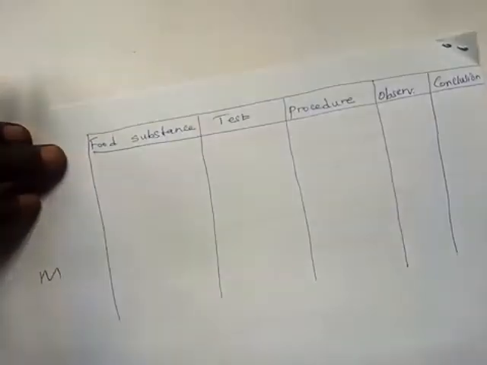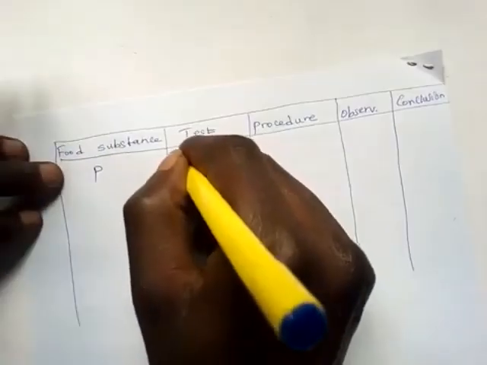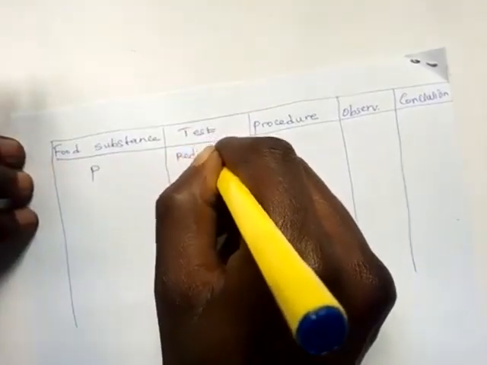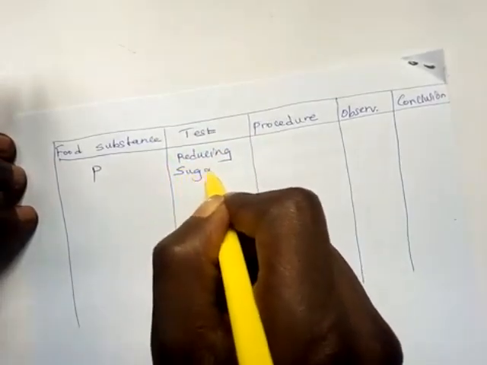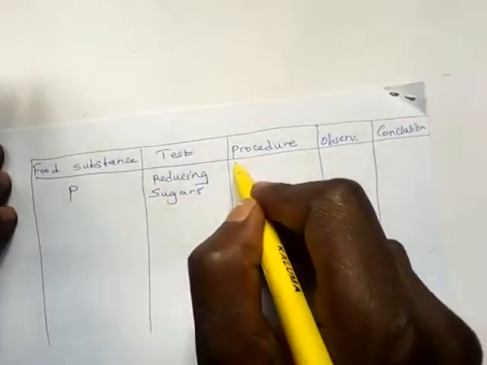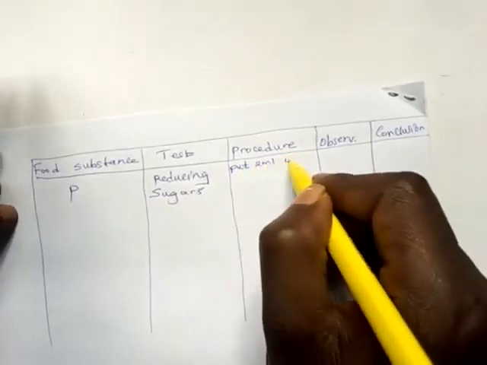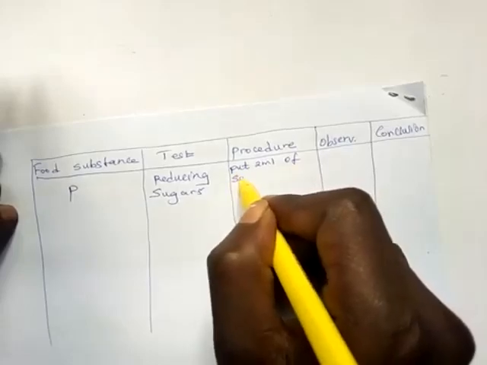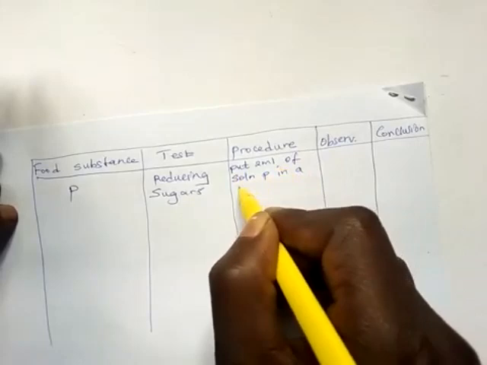Let's start with food substance P. We test for the reducing sugars. Now here the procedure is put 2 milliliters of solution P in a test tube.